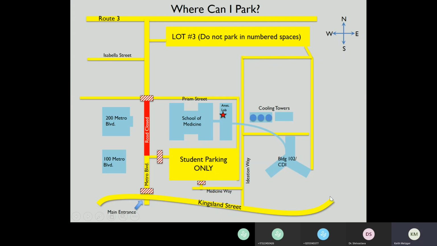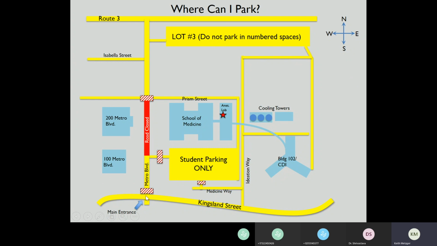So where can I park? Just to orient you real quick, if you've been to the School of Medicine before, well, either way, this is the main street in front of the School of Medicine, Kingsland Street. And then here's Route 3. This is east to the right and west to the left.